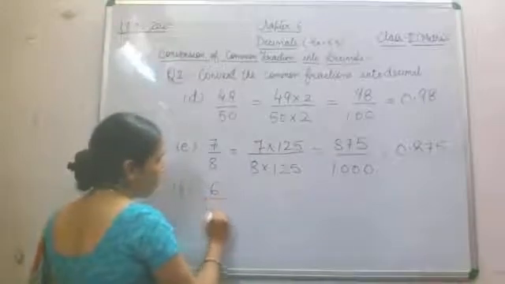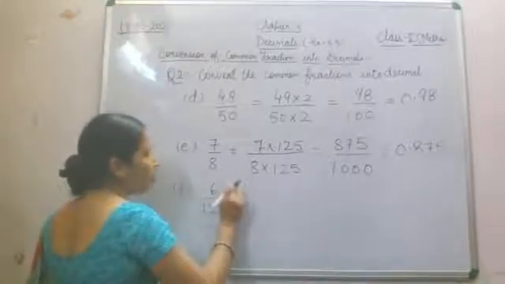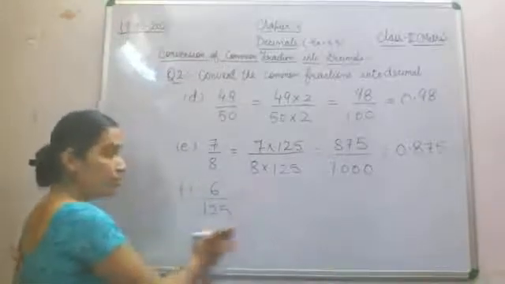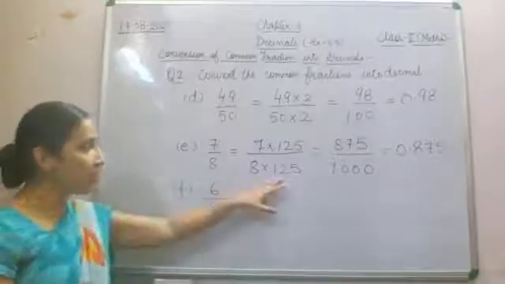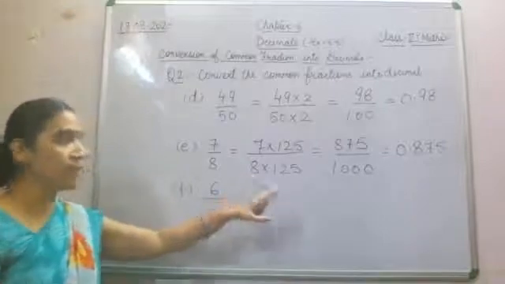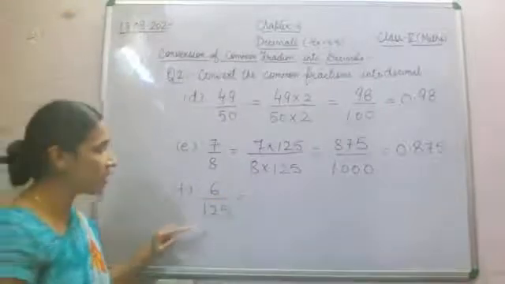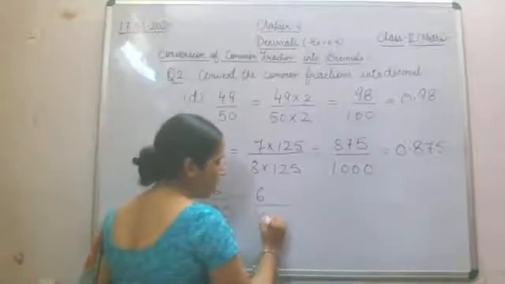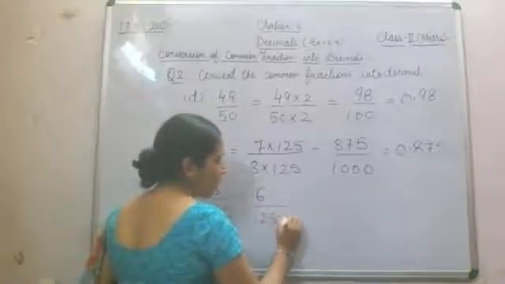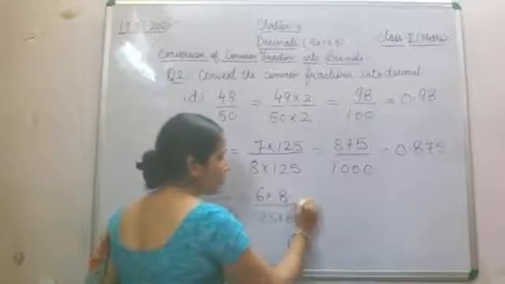Now the F part is 6 by 125. Can you do this question? Yes, 125 is multiplied by 8 to get 1000. So here 125 is given, it means this 125 will be multiplied by 8, and here also we will multiply by 8.